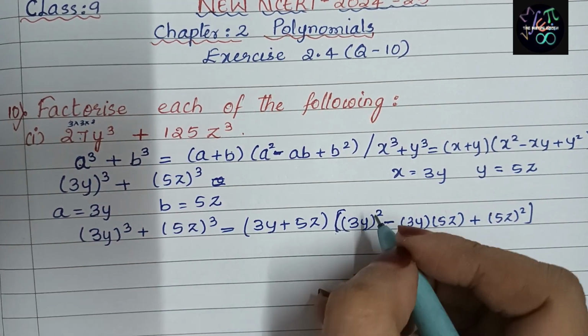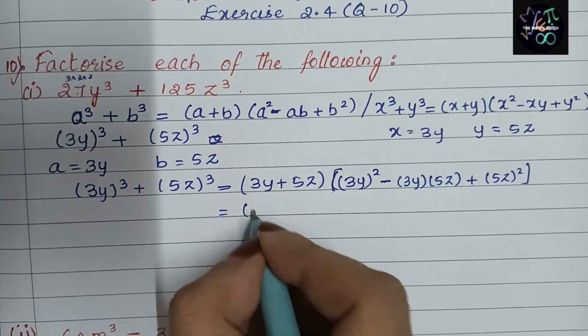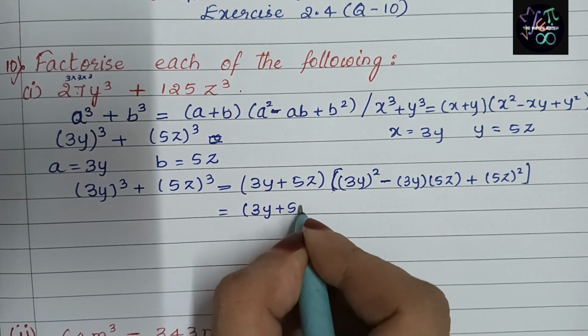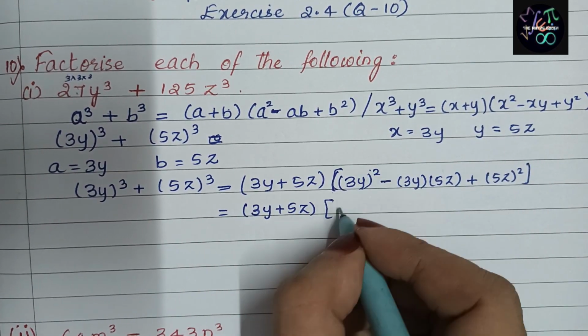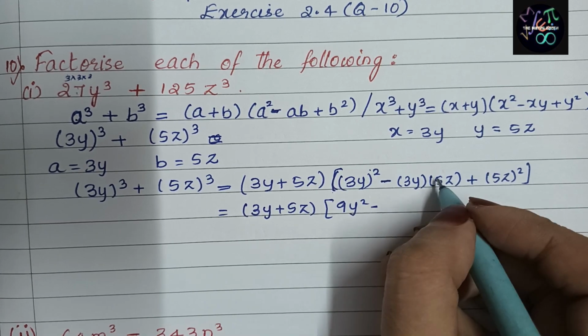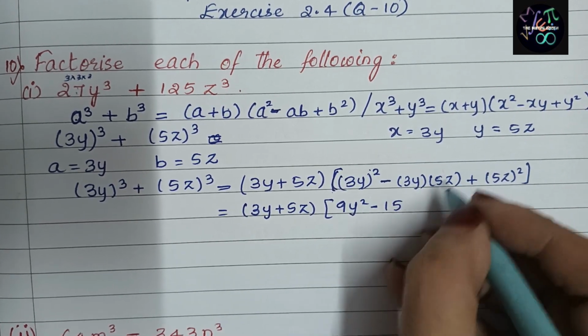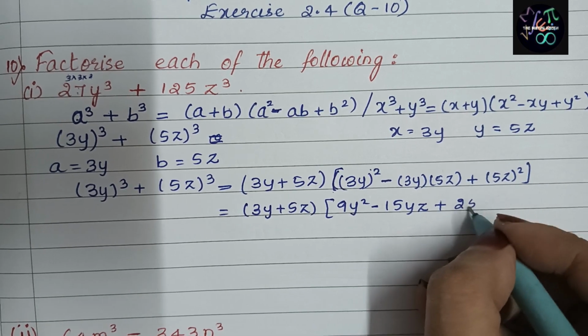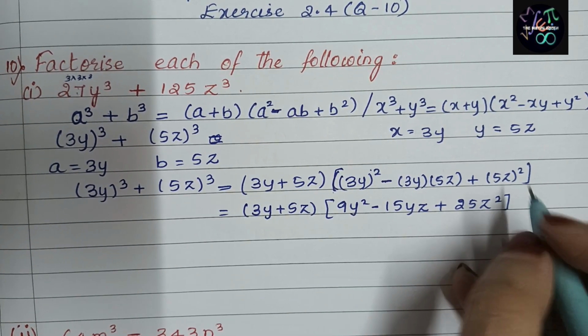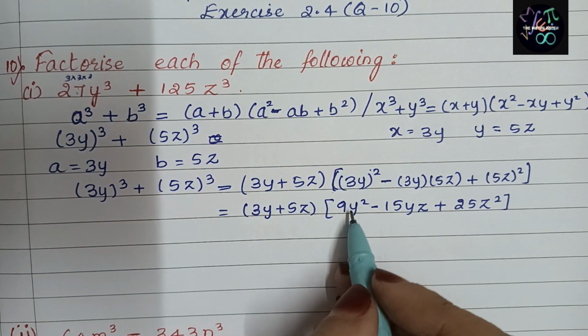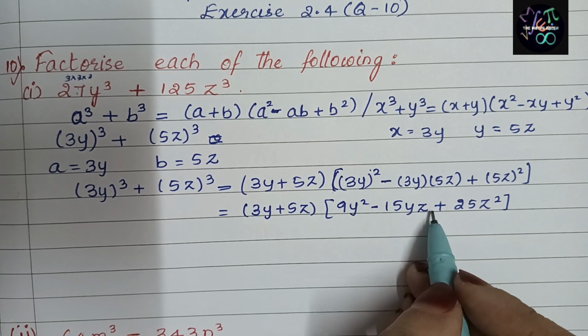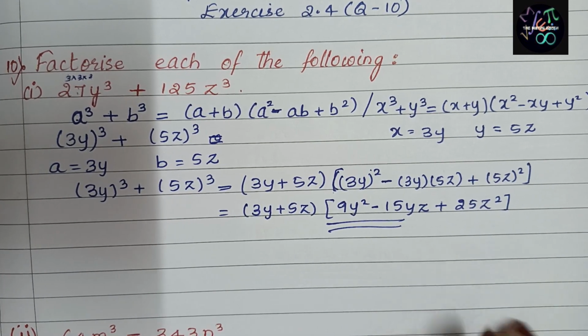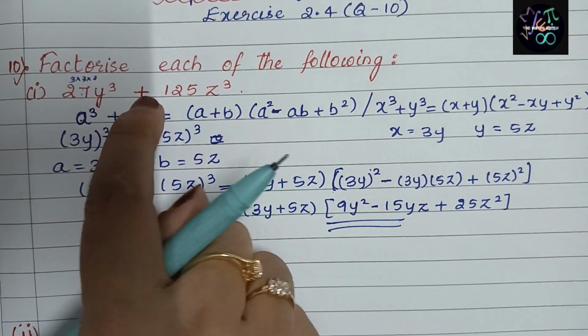Okay, now let us solve. 3y plus 5z as it is, 3 square is 9, 9y square minus 5 threes are 15, yz plus 5 square is 25, z square. So this is the answer: 3y plus 5z, 9y square minus 15yz plus 25z square.